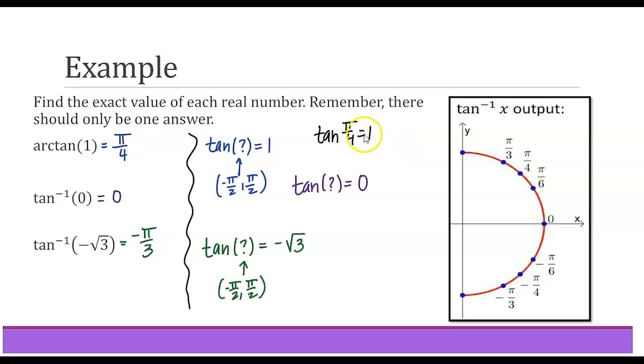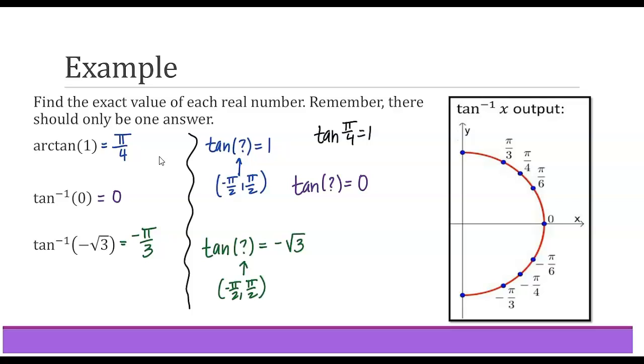So we're switching their places. Notice we would typically be asked tangent of pi over 4, and we'd have to give the value of 1. So now on the inverse, arctangent of 1 means work the opposite direction. What angle did I have to plug in? It's that idea of switching it back and forth that really proves that we know the unit circle in this forward and backwards direction.